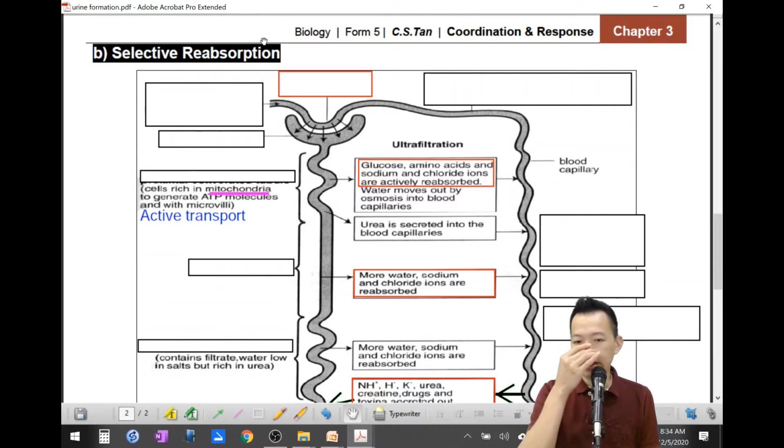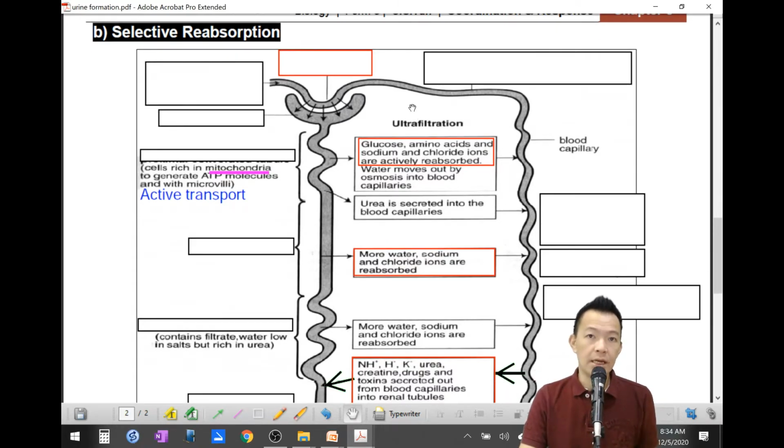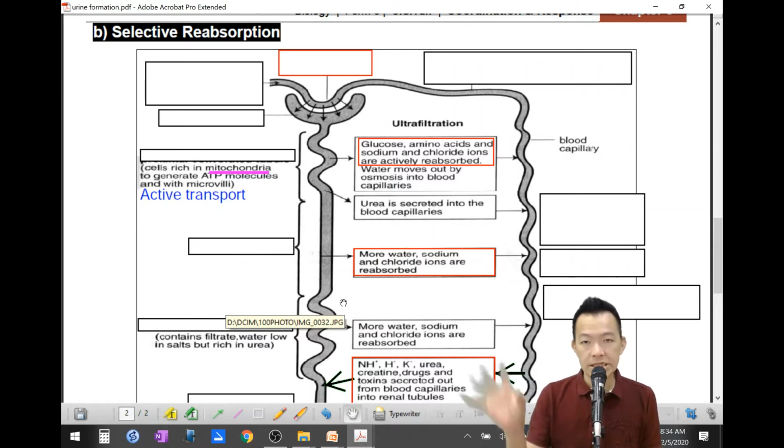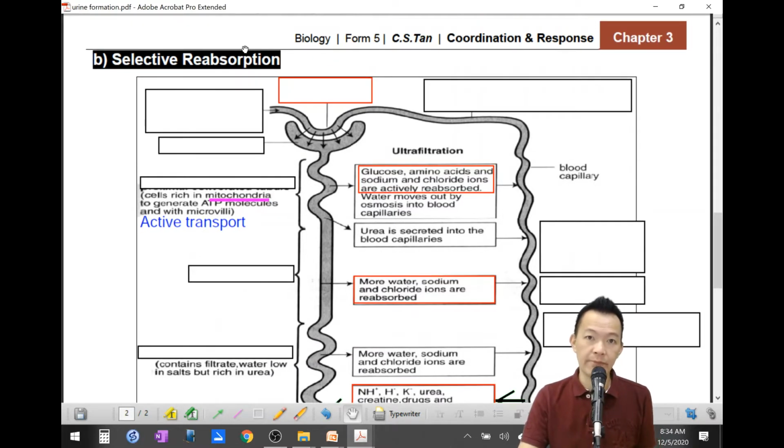reabsorption. Before I start this title, remember what is meant by reabsorption. Reabsorption means reabsorbing the useful substances from the renal tubule into the blood capillary again. Absorbing the good things again from the renal tubule into the blood capillary. So remember, when I say reabsorb, it means from the renal tubule.